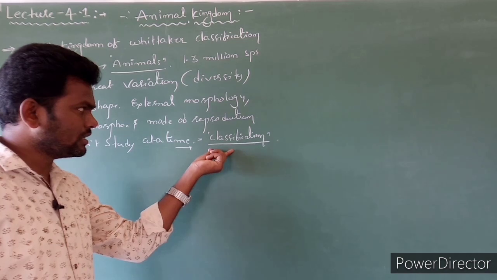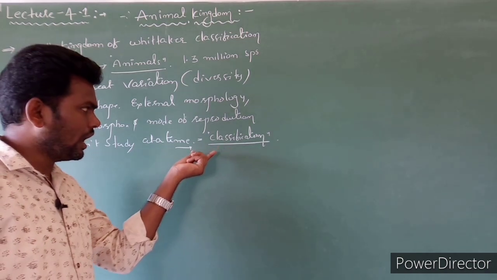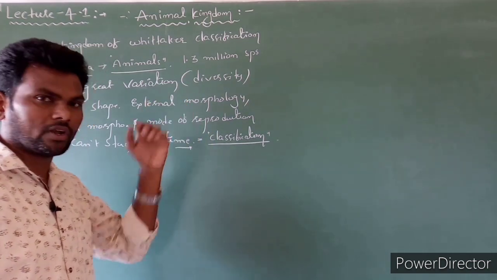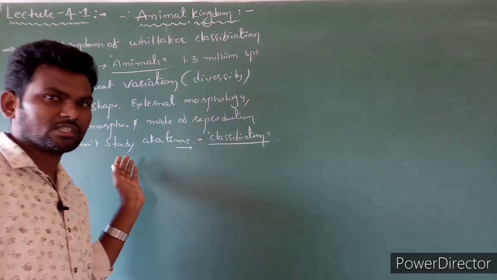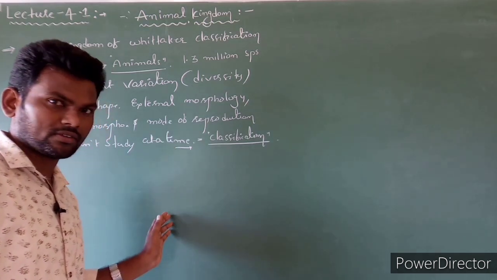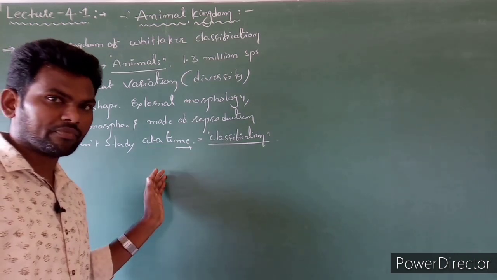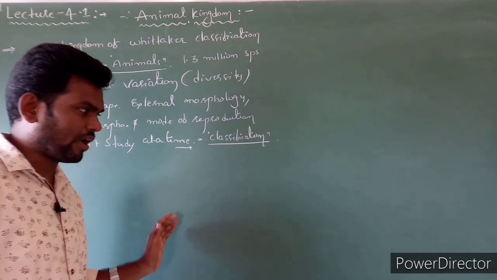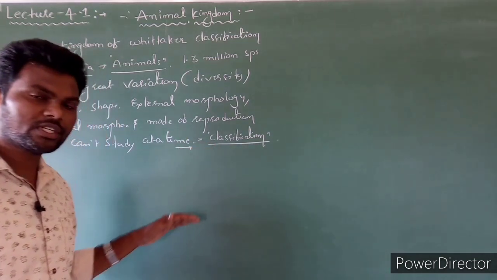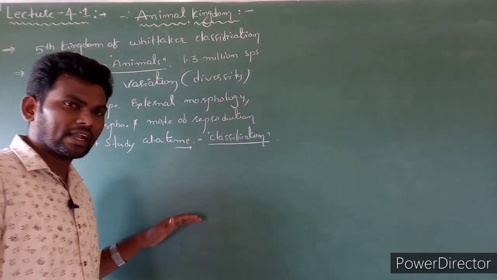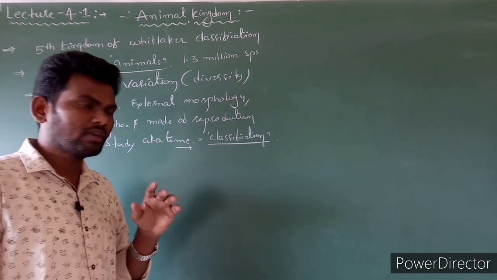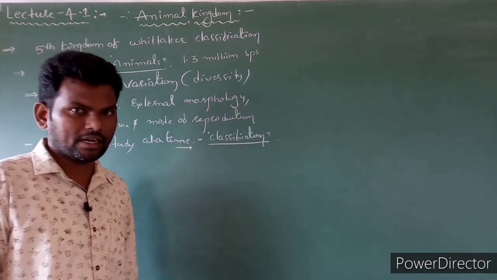Classification deals with the arrangement of species at different taxonomical levels. In the first lesson, we discussed the taxonomic hierarchy of 7 categories: kingdom, phylum, class, order, family, genus, species. This arrangement is needed to better understand and read one individual or one species. So further classification is needed.